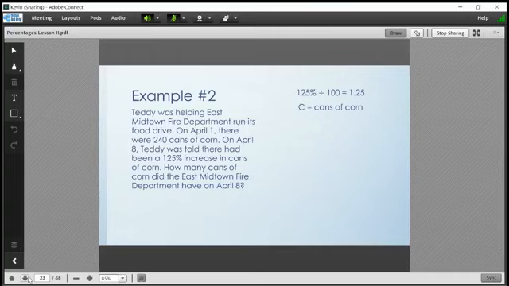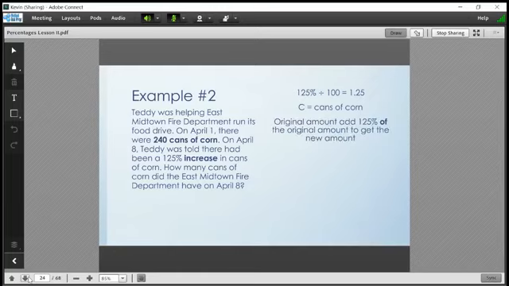That's why you have to be specific. You're moving the decimal 2 spots to the left. By moving the decimal, which is after the 5, 2 digits to the left, I get 1.25. But because the tendency is for students just to put the decimal at the beginning, I think it's usually easier just to take that number and divide it by 100 so you don't make that mistake. So in this case, we'll say that C is going to be equal to cans of corn.